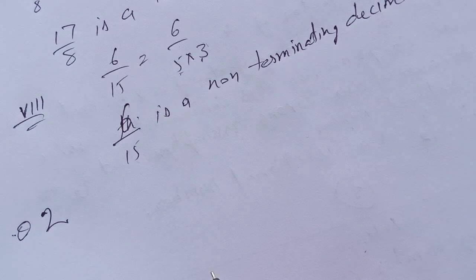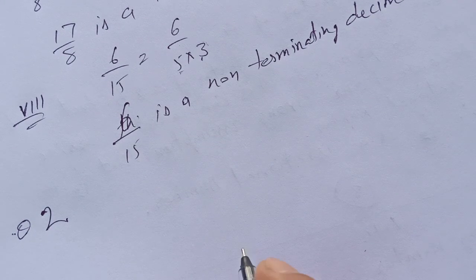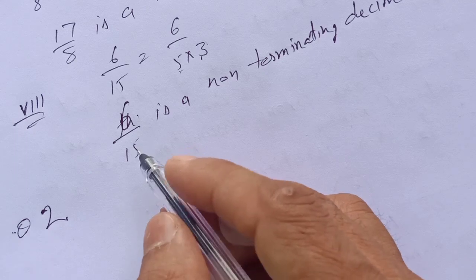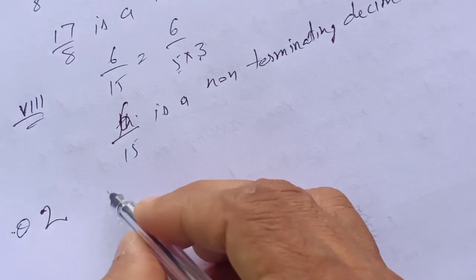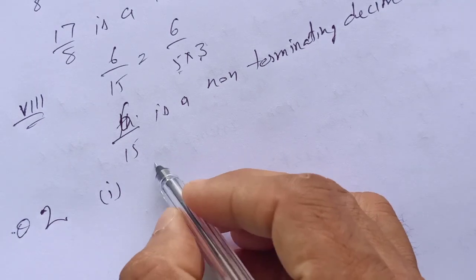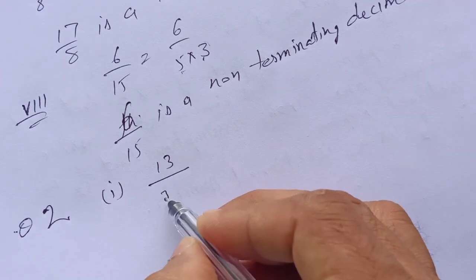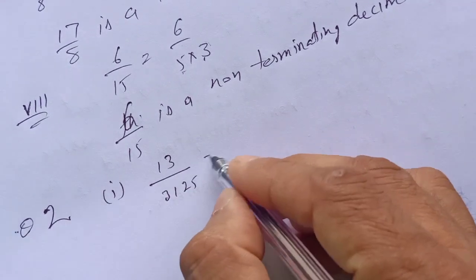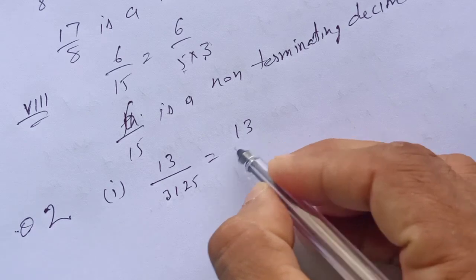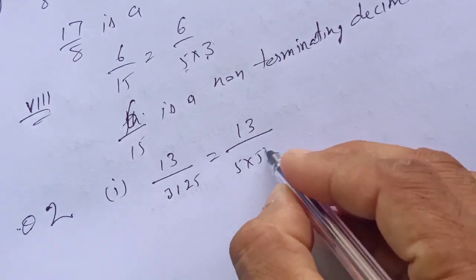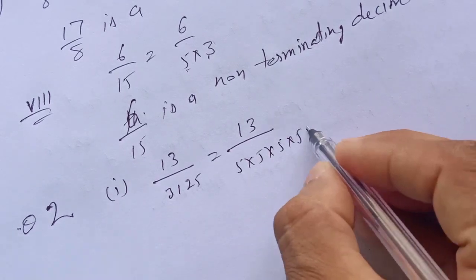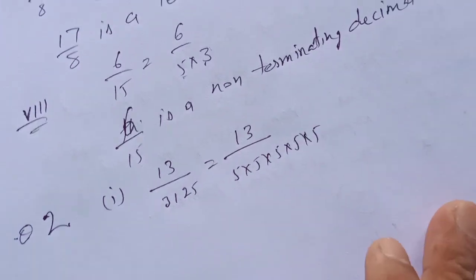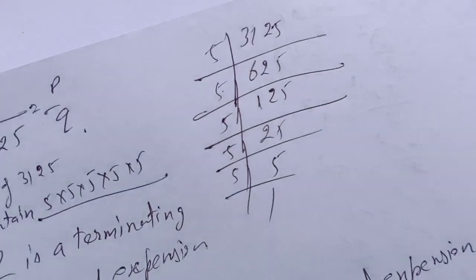Write down the decimal expansion of those rational numbers in question number 1. First part, 13 upon 3125, which we may write as 5 into 5 into 5 into 5 into 5, because we already made its factorization here.